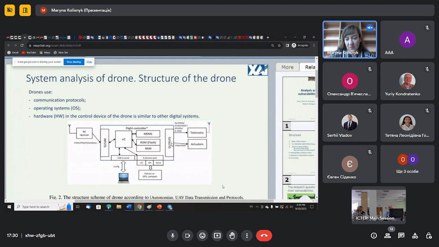We can see specific ports with protocols I2C, SPI, and others. Also, telemetry and actuator devices are present in this system.